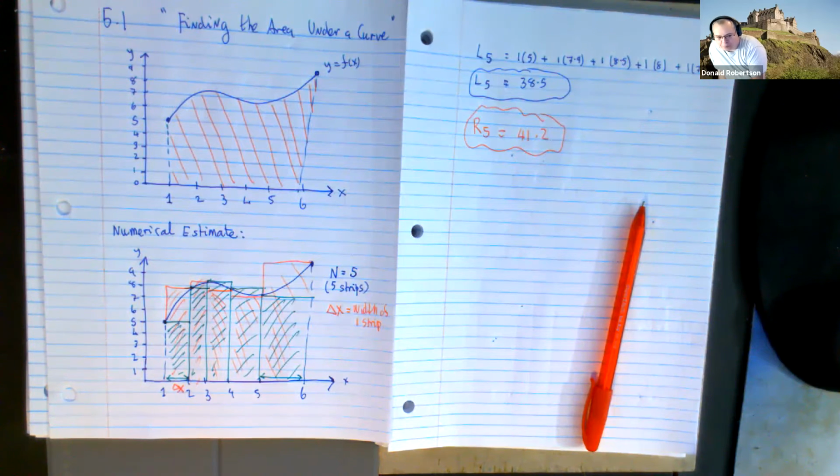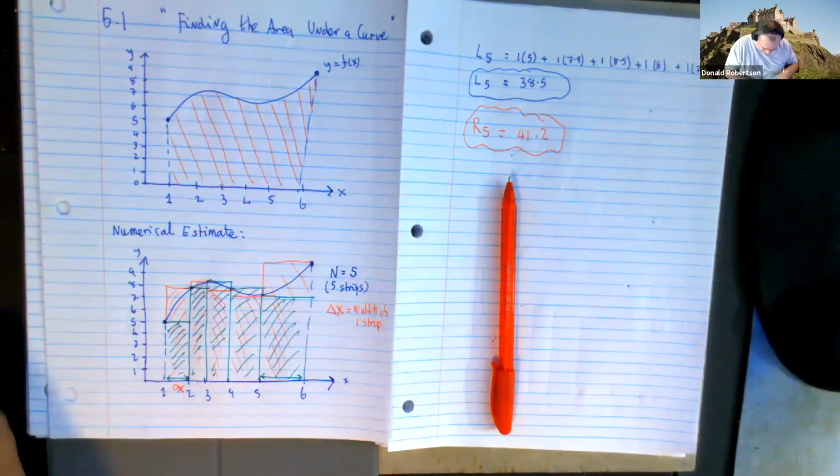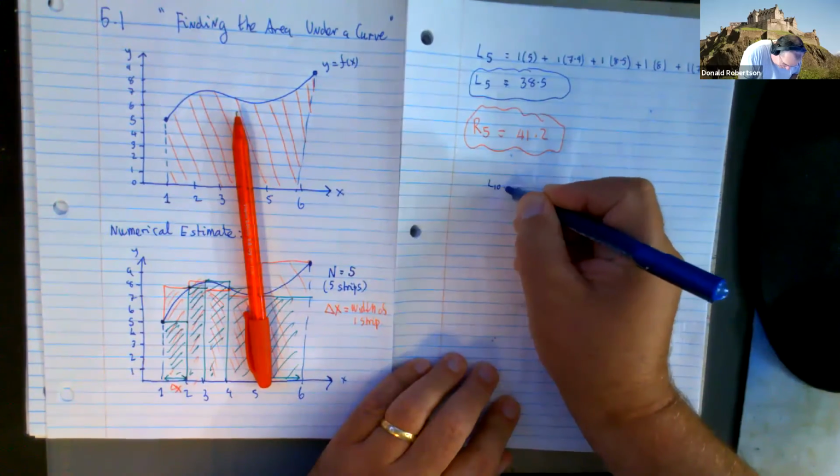If you're into computer programming, could you understand that it wouldn't be that difficult to write a program to do 1 million strips? Nobody in their right mind would do it by hand, right? But couldn't you do 1 million strips? Being exaggerated, right? But if I did 1 million strips, and I'm making this up, but I did L 1 million.